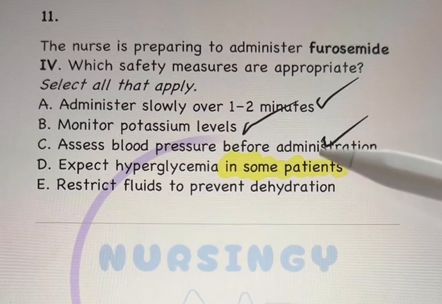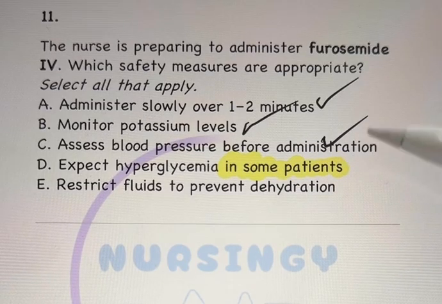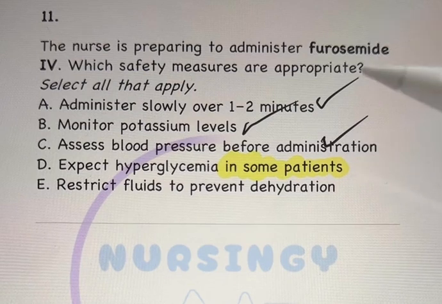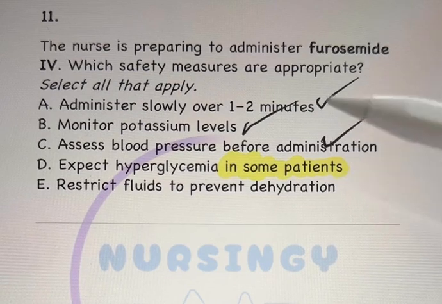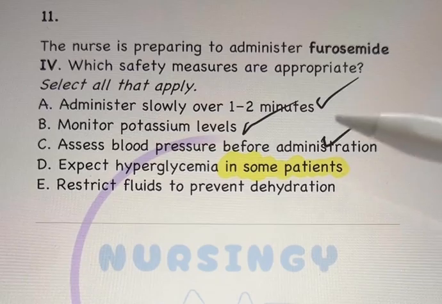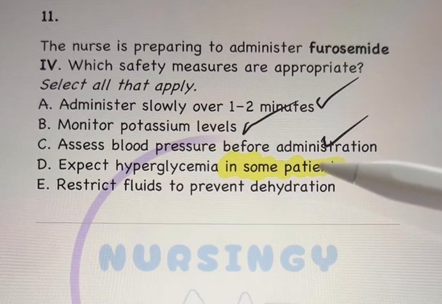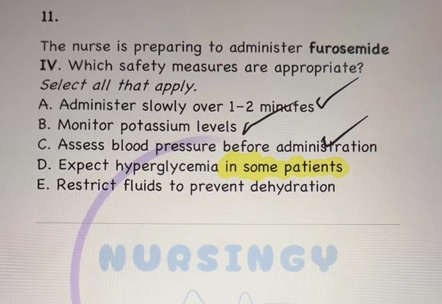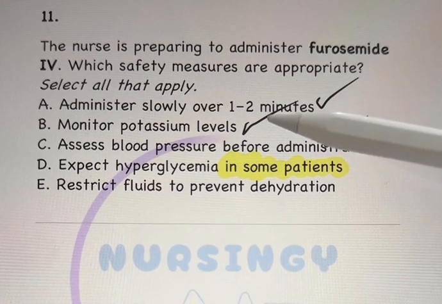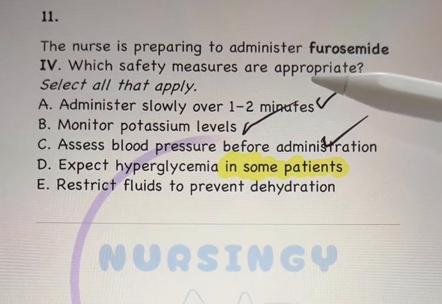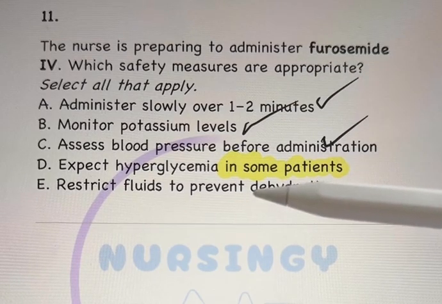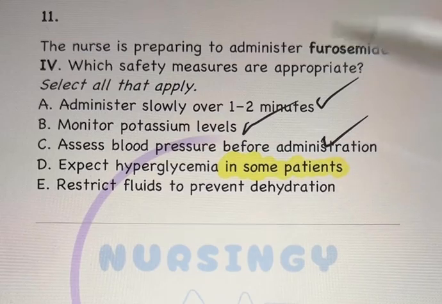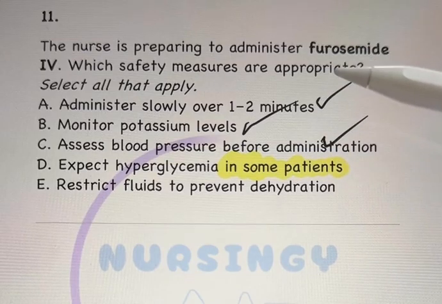Nicole, the question is why we expect hyperglycemia in some patients. You need potassium because potassium is one of the factors that helps release insulin from beta cells. So when furosemide excretes too much potassium and causes hypokalemia, there is less potassium available in the body to help release insulin.